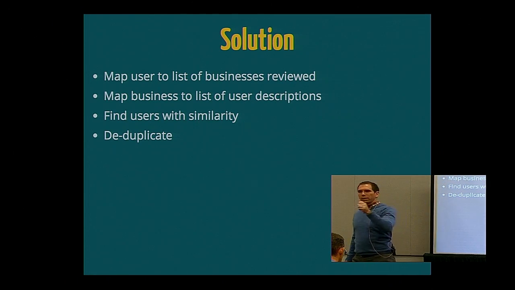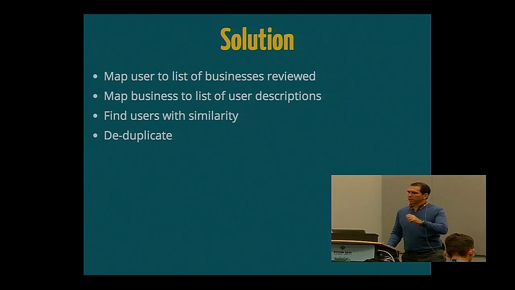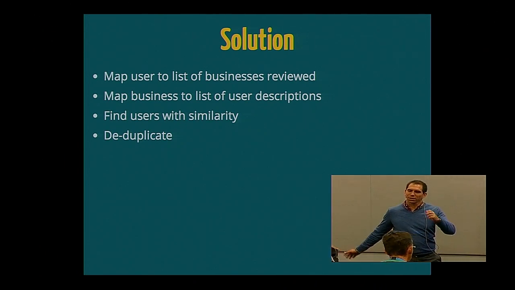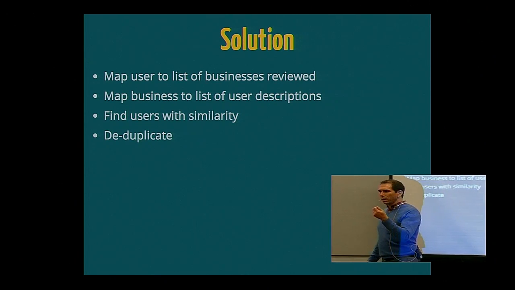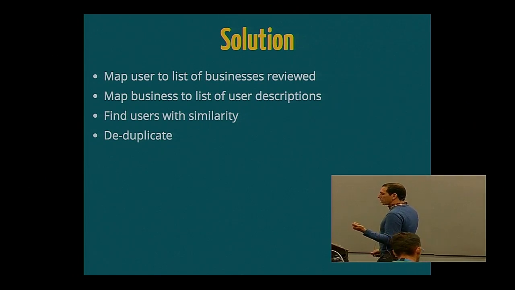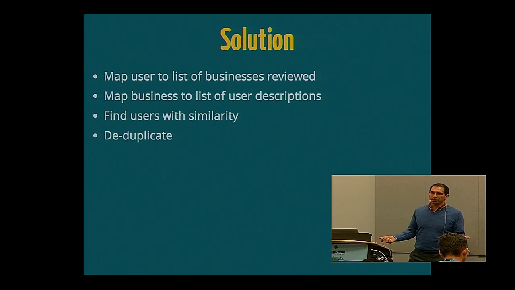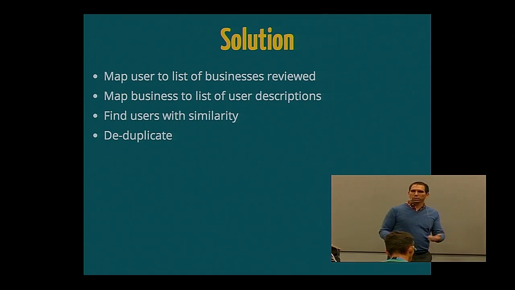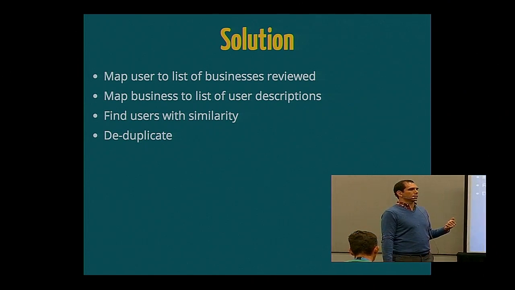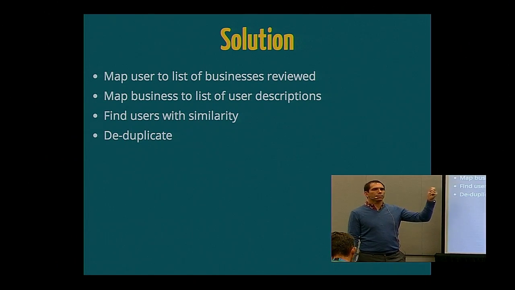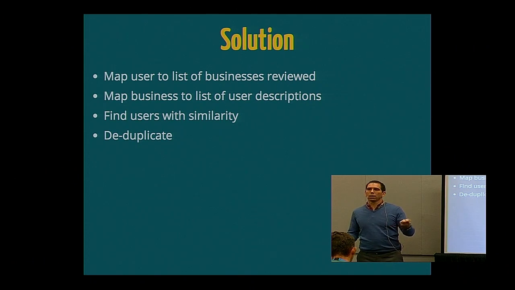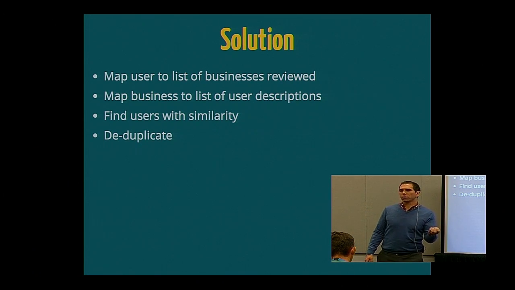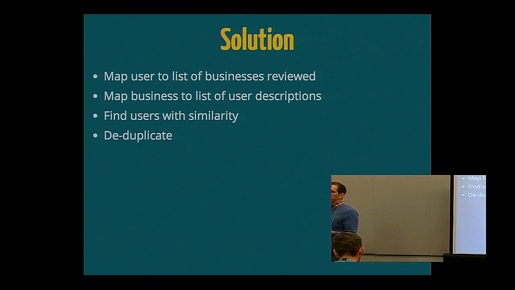From what I've seen or heard from some of you, that was a bit of a stumbling block, because the first idea was just mapping the user ID. But a lot of you realized we can't do anything with just the user ID anymore. We need that description of the user, that full list of businesses they've reviewed. So instead of just mapping the user ID, we map that full list of businesses. And now in our reducer, we have all of the users that reviewed that business.